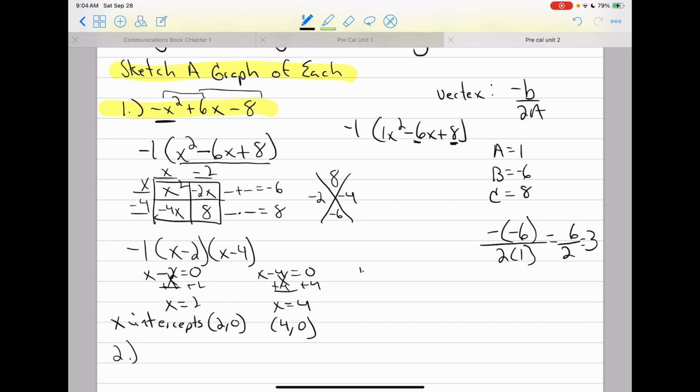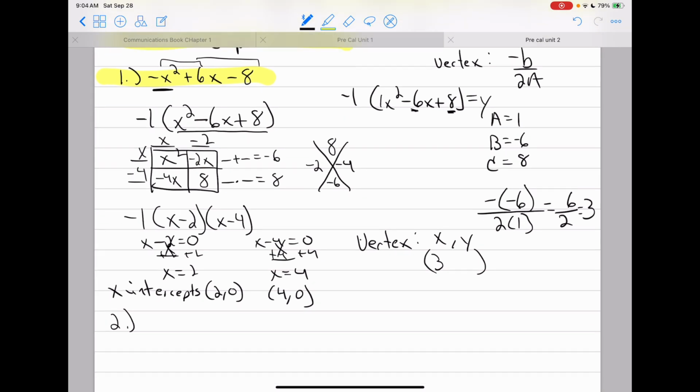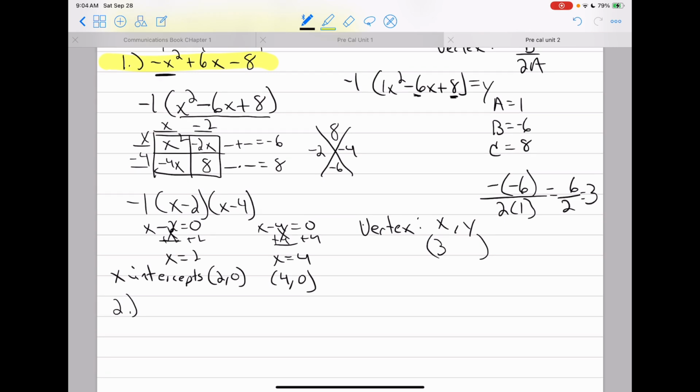So for my vertex, it's a point, and it has an ordered pair. So far, for x and y, I know that x equals 3. Remember, this is a function. This whole thing equals y. So if I know that x equals 3, how do I figure out y? Well, I plug it in.